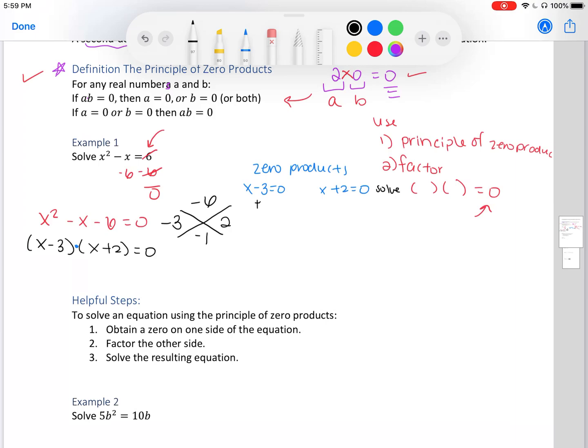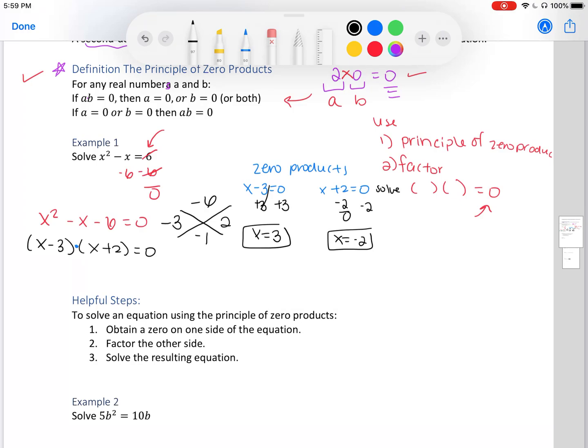Let's add 3 to both sides, so that we have x is equal to 3. Let's subtract 2 from both sides. We get x is equal to negative 2. That's our answer. That's so impressive. We've come so far. Again, we used two ideas: factoring and the principle of zero products.